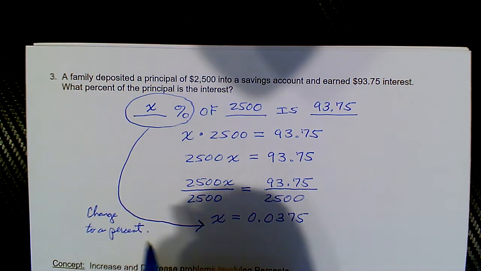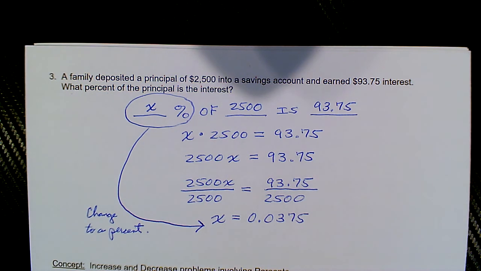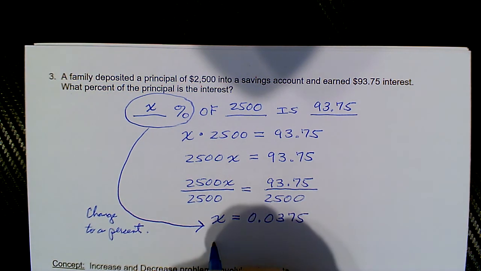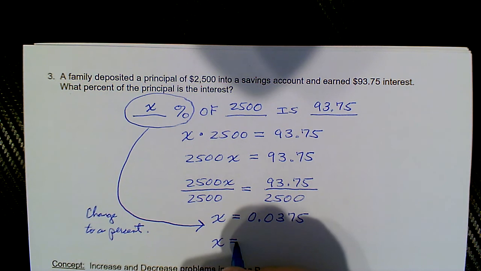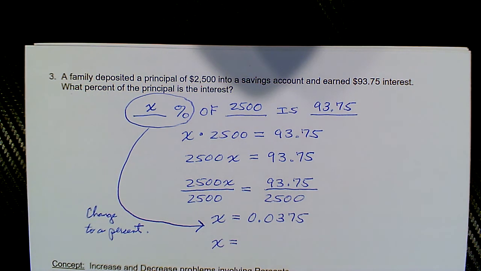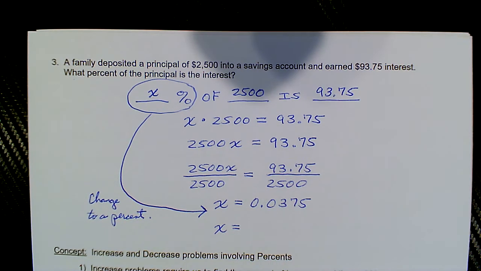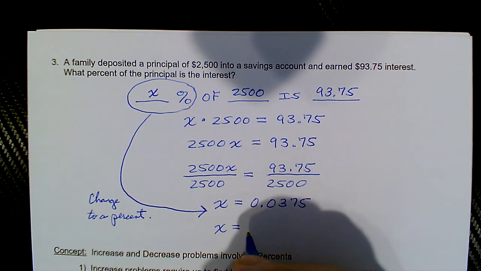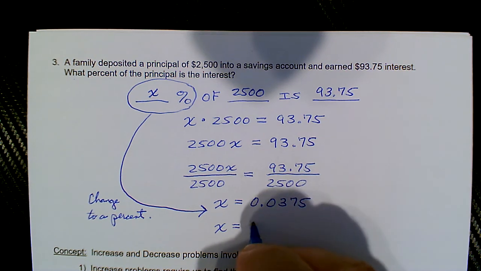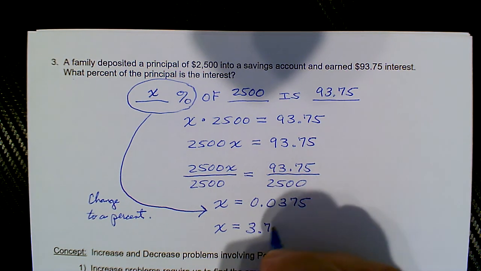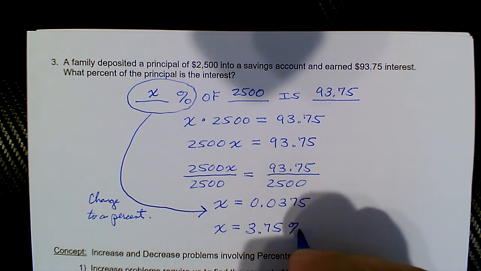So to change a decimal to a percent, well, when we change a percent to a decimal, we move to the left. So when we change a decimal to a percent, we move to the right. And remember, it's always two places. So 3.75, and we add the percent symbol.